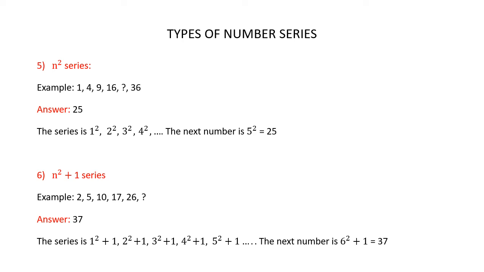You'll notice that the series is 1 squared plus 1, which is 2, 2 squared plus 1, which is 5, 3 squared plus 1, which is 10, 4 squared plus 1, which is 17, 5 squared plus 1, which is 26. So the next number is 6 squared plus 1, which is 37. So the answer is 37. Here the series is n squared plus 1 series. Hope you understood this.